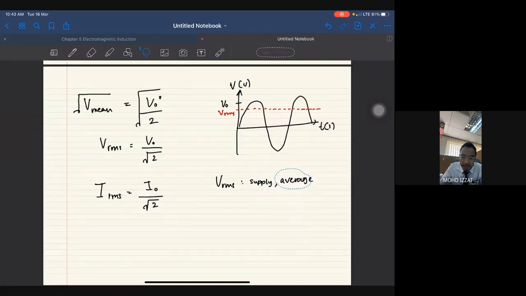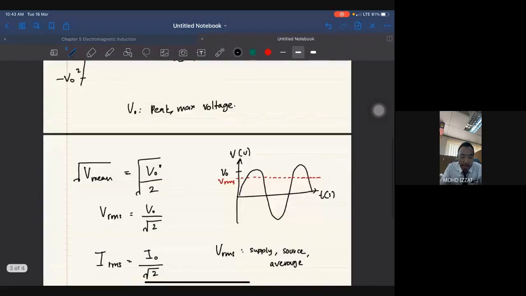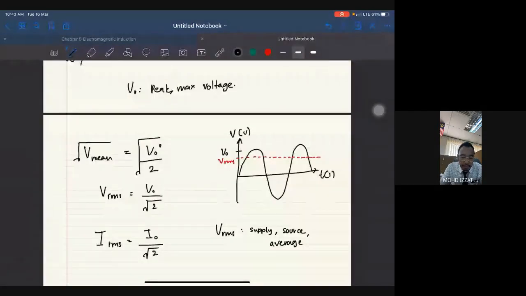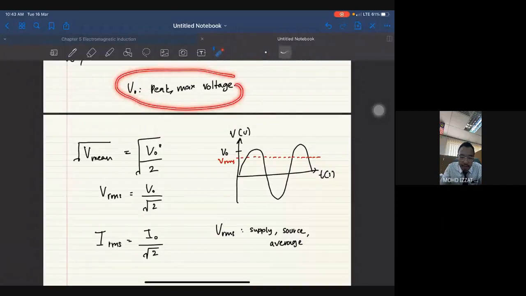So average jarang. Lagi satu yang selalu dipakai adalah V source. Okay, this is the term that they use lah, compared to peak dengan max voltage. Okay, bezakan between this one and this one.